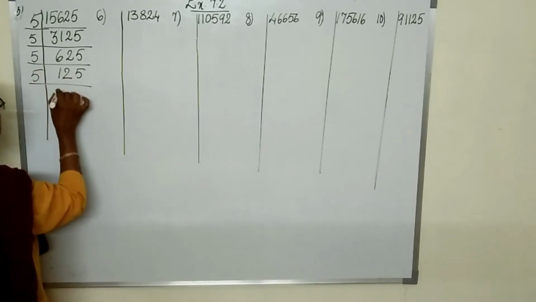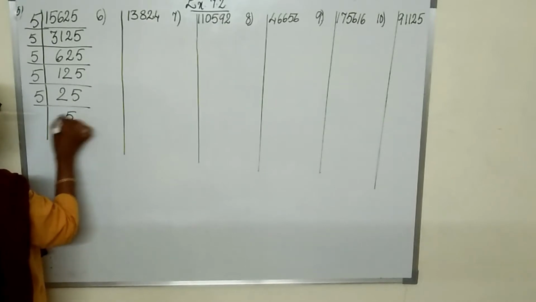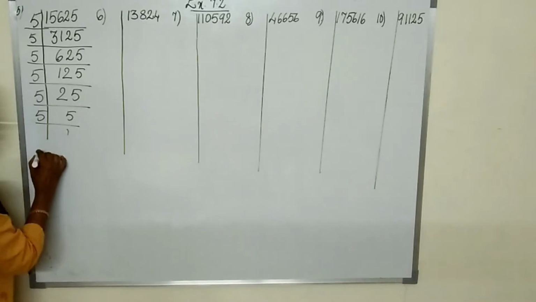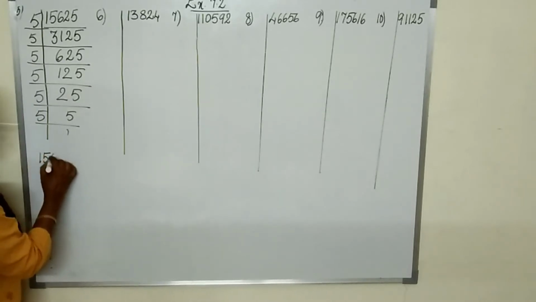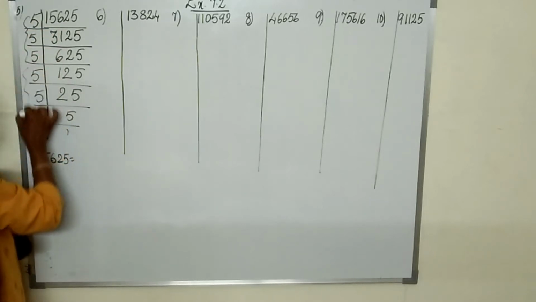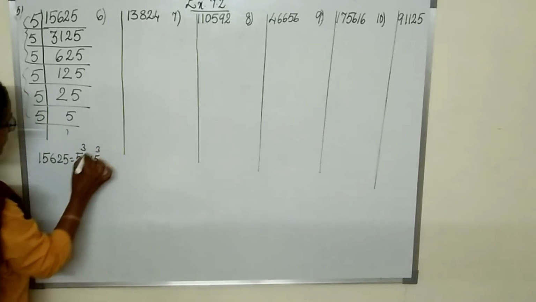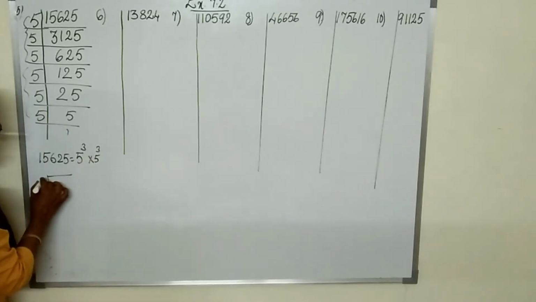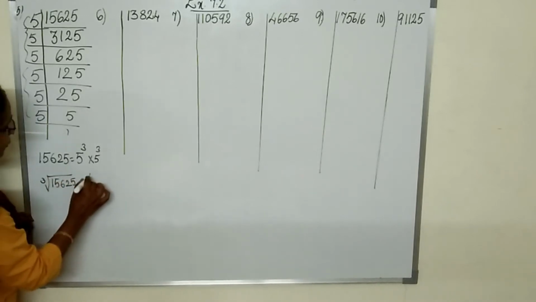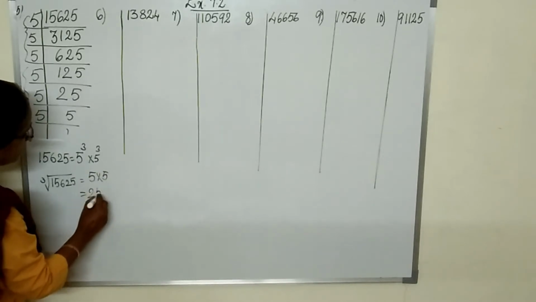Again by 5, 25. Again by 5, 5 1s are 5. That is 15,625 is equal to, see here 1, 2, 3, 1, 2, 3, 5 cube into 5 cube. So cube root of 15,625 is equal to 5 multiplied by 5, which is equal to 25.